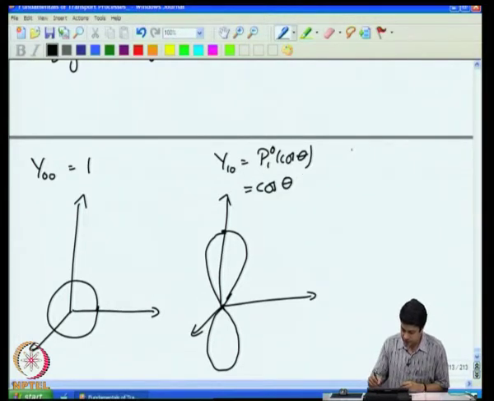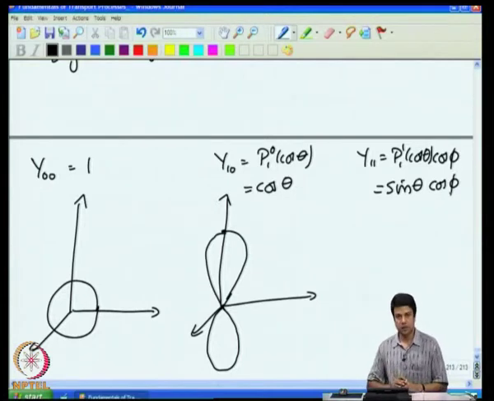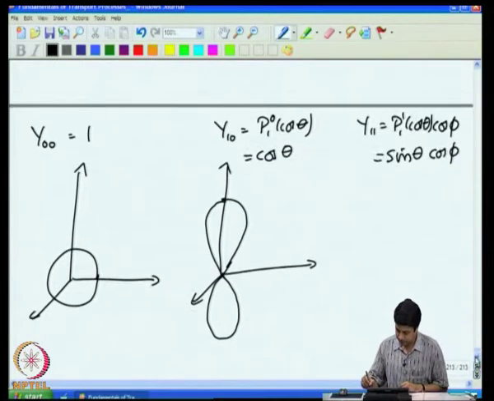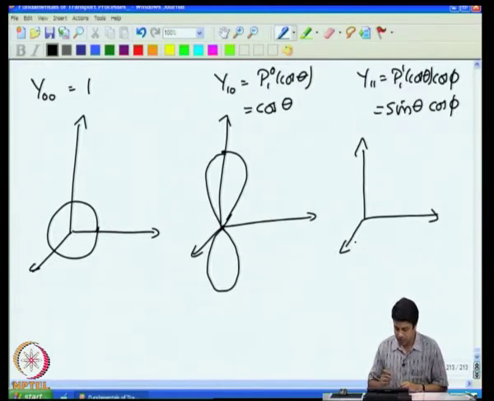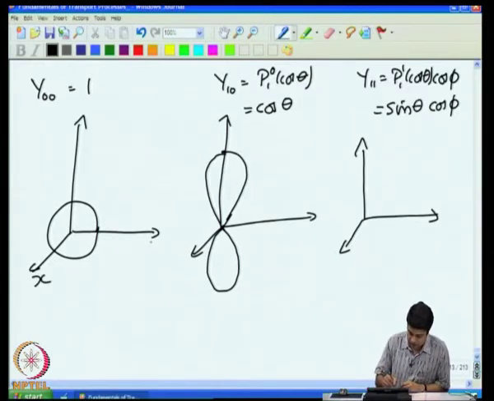Now, you can have the next harmonic, y11 is equal to P11 of cos theta times cos phi. This P11 is basically equal to sin theta times cos phi. So, for surfaces with constant value of this, let us just put the axis here.